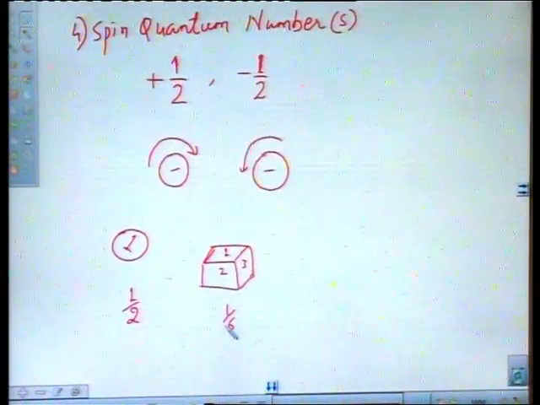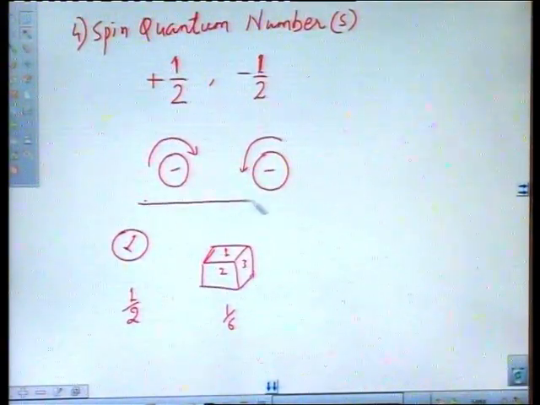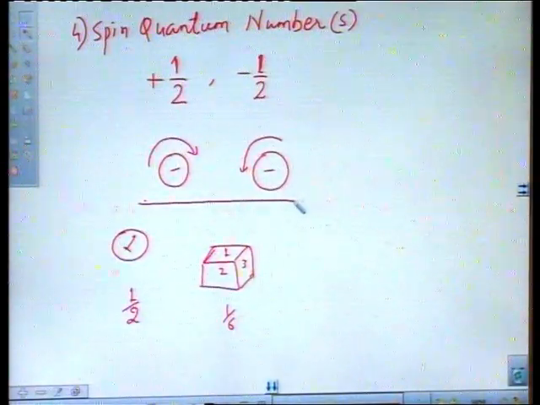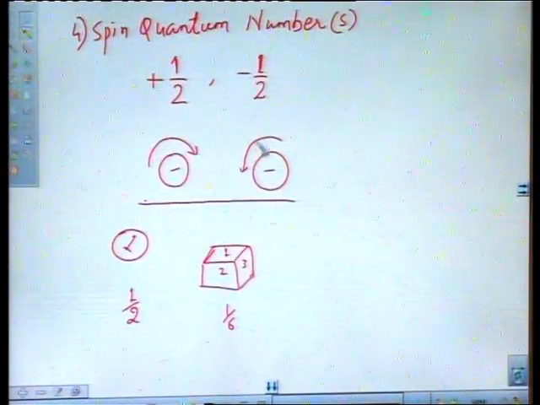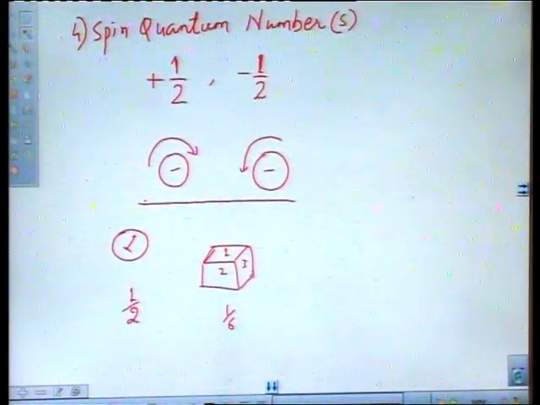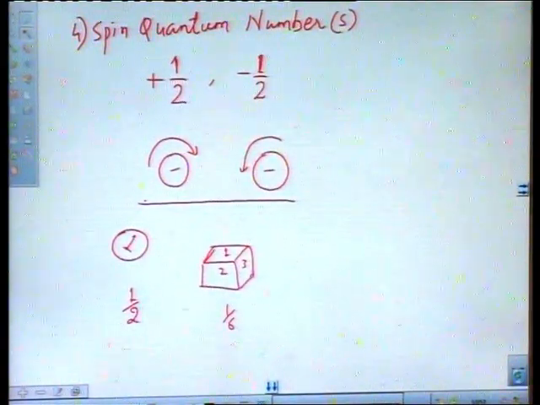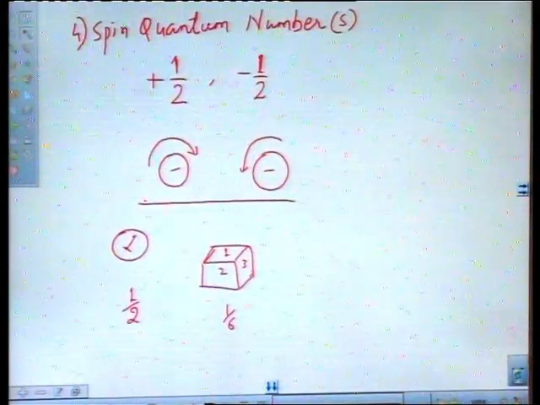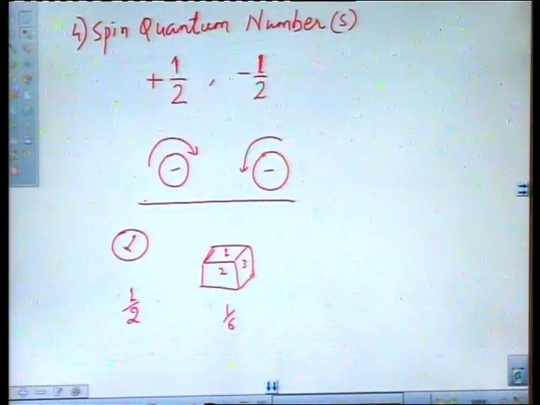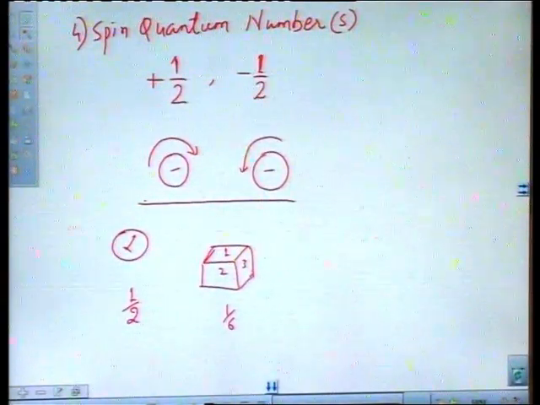Likewise, there are two probabilities for moving electrons, either clockwise or anti-clockwise. So, for clockwise we have plus half, and for anti-clockwise we have minus half. So, for two electrons in an orbital, we have two types of spin quantum number, plus half and minus half.